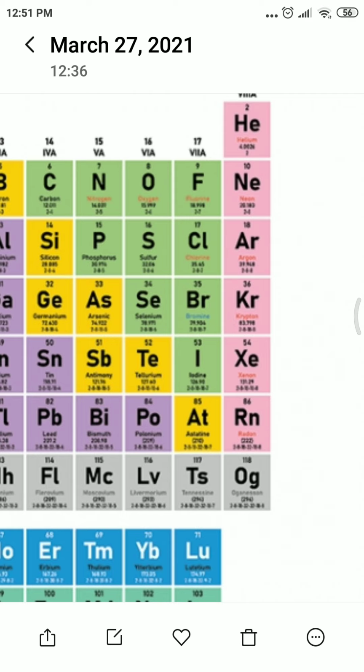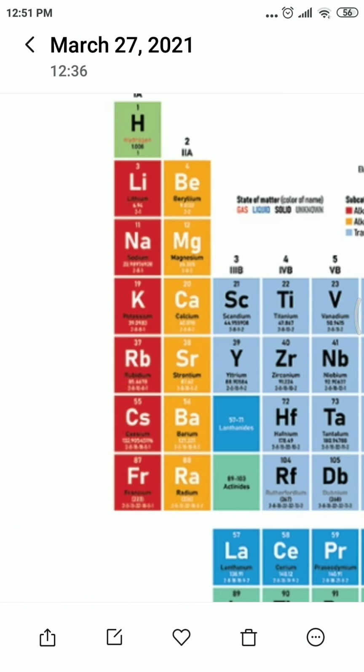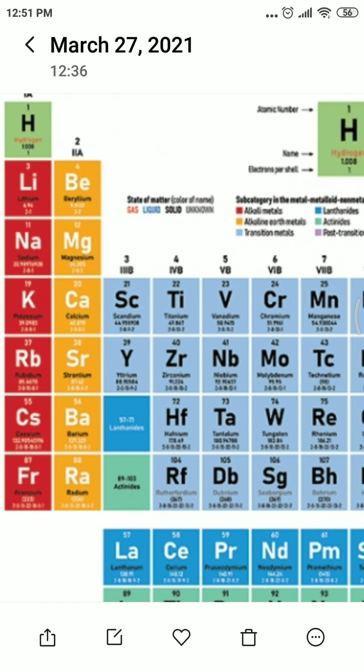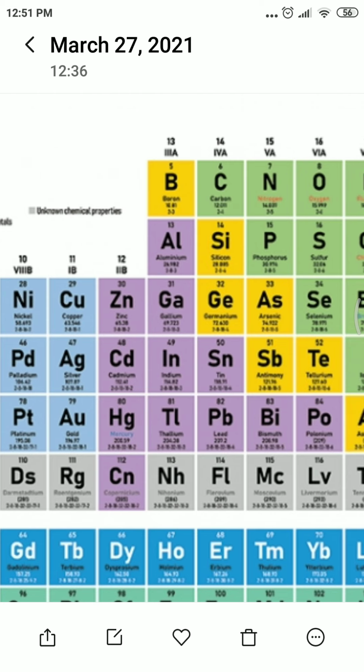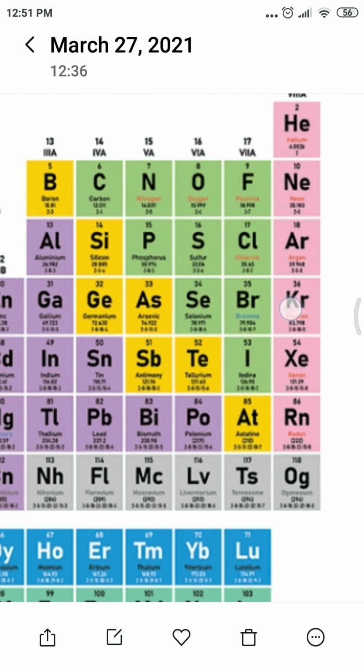Argon is 18, which has the configuration 1s2, 2s2, 2p6, 3s2, 3p6, right? So a total of 18. It goes on increasing, this being the s orbital and the 6 being the p orbital.